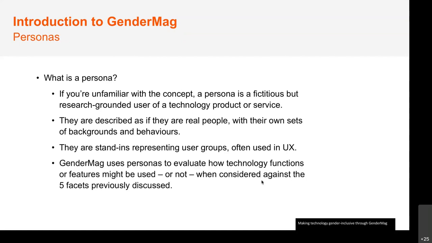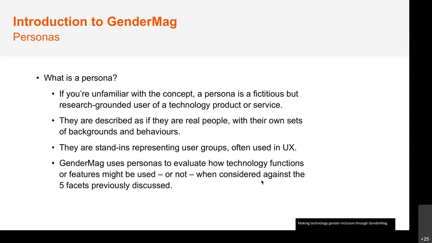Now I wanted to introduce you to the second aspect of GenderMag, which is the personas. Just in case you're not familiar with what a persona is, if you're not from a UX background, for example. A persona is a fictitious but research-grounded archetype of a user of a technology product or service.